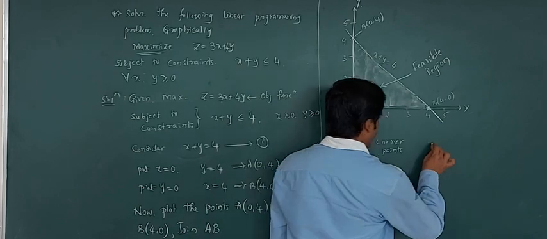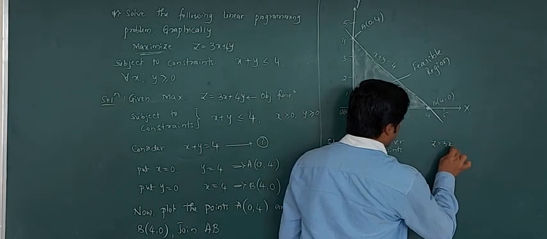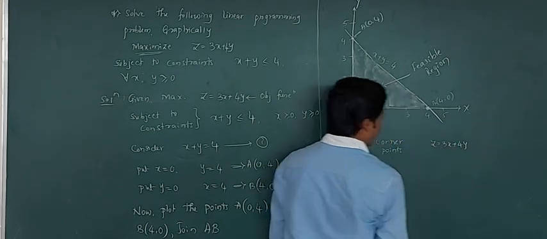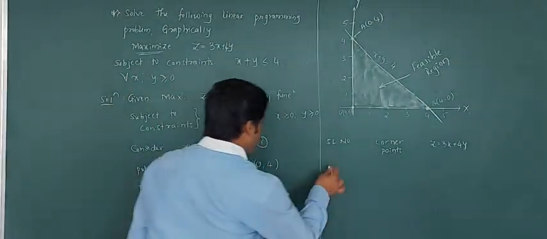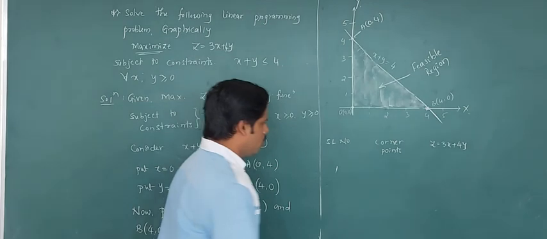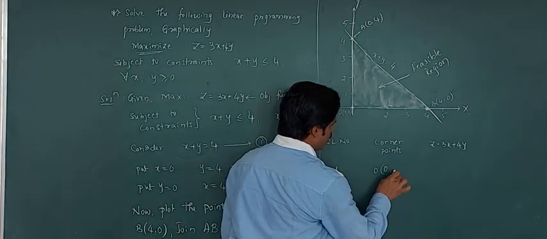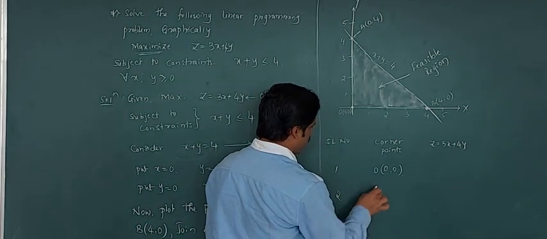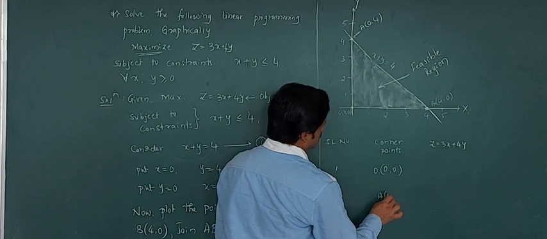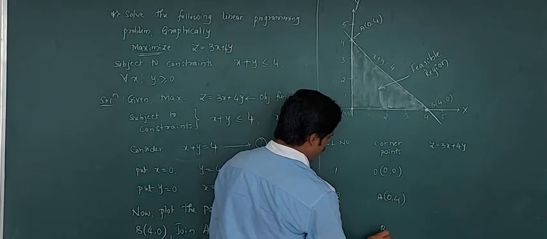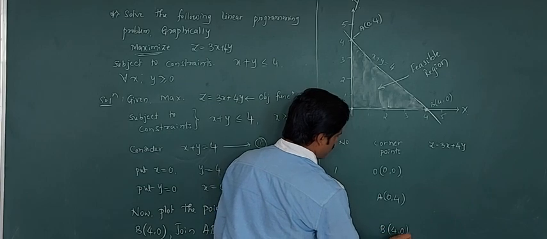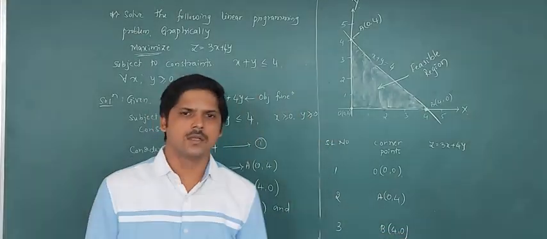We have to find the value of z equal to 3x plus 4y at these corner points. So first the origin 0, 0, second A of 0, 4, third B of 4, 0.